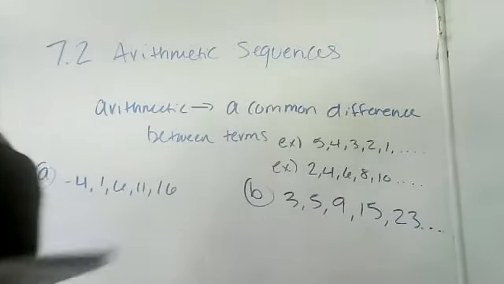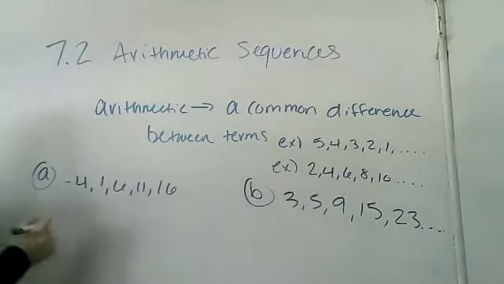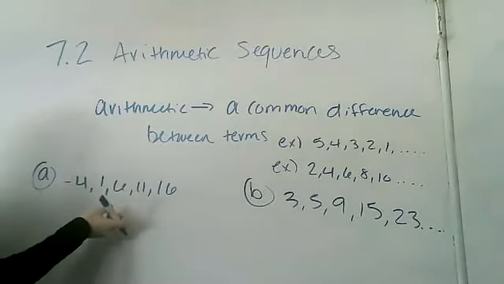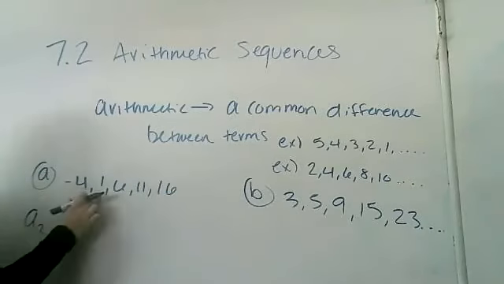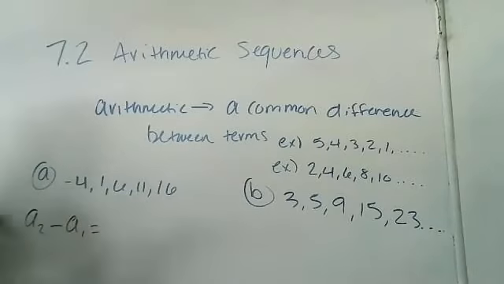At first glance, you might be able to say this is arithmetic, this is not arithmetic. I want to show you how you can determine whether or not it is with an actual formula. You would go 1 term in and subtract the beginning term. So I go to term number 2, or a sub 2, and subtract it from the term beforehand, which is a sub 1, to find that common difference.